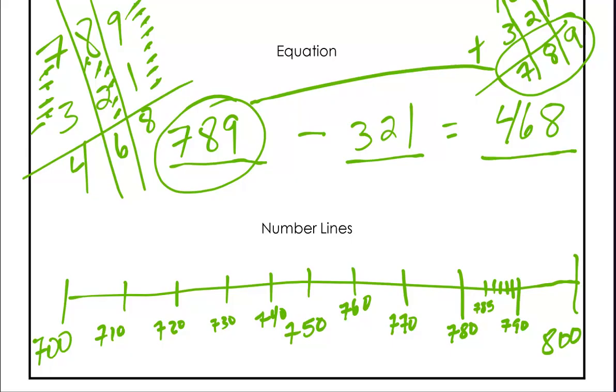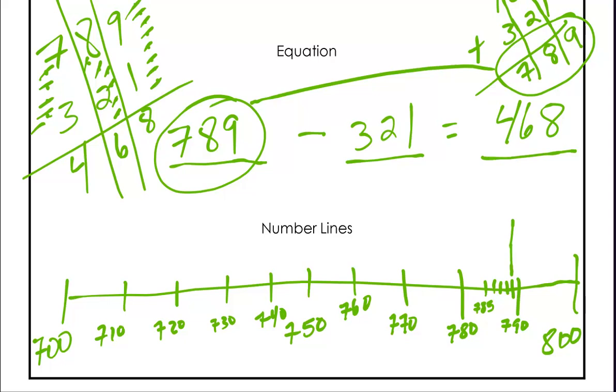So this would be our end point, 789. Okay. We're going to subtract 321. Now here's where it's going to get really difficult.